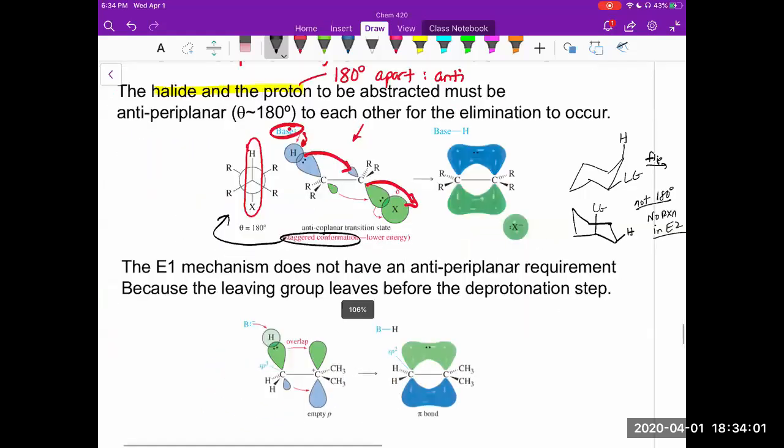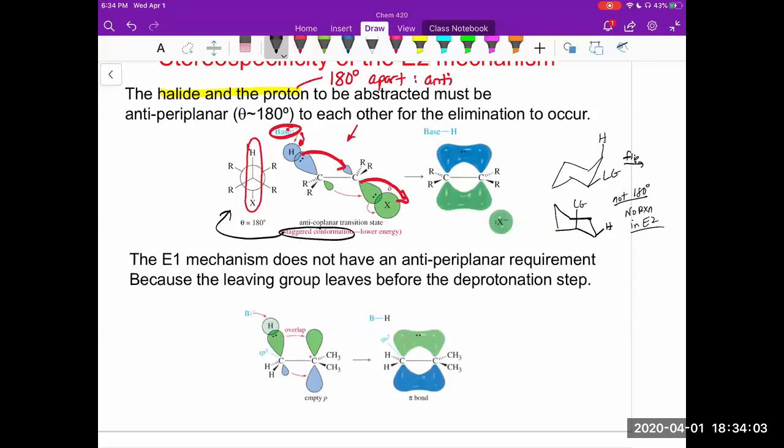The E1 doesn't have that issue. So highlight that. The E1 mechanism does not have that requirement. And that's because the leaving group is already gone when you remove the hydrogen.